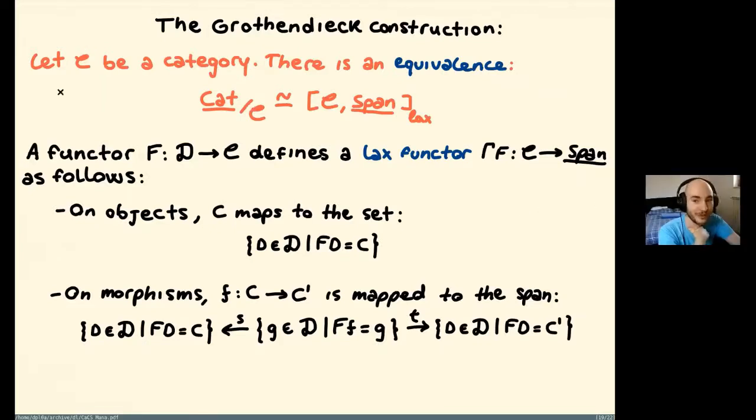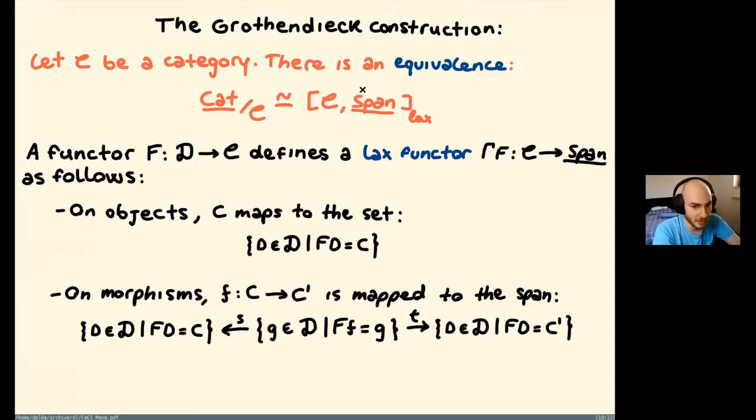Okay. So we'll use a really nice piece of mathematics, which is called the Grothendieck construction. And it tells us that if we have a category C, there is an equivalence between its slice and the category of lax functors from C to span. And in this case, span is the usual bicategory.